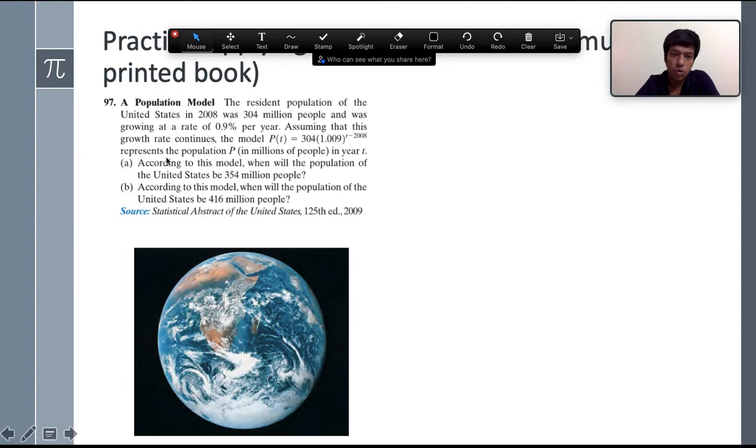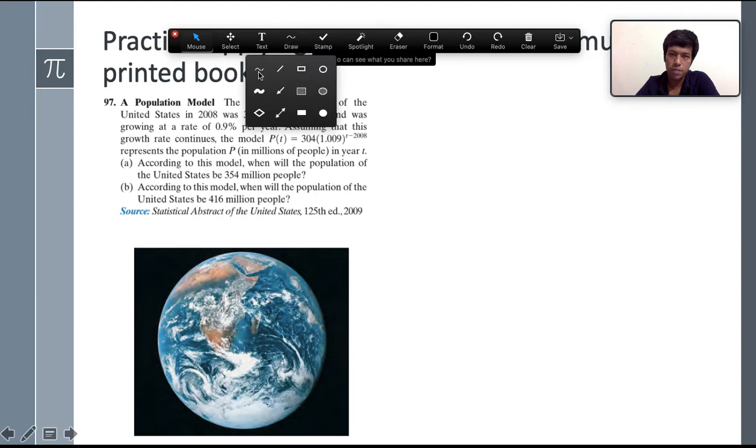Assuming that this growth rate continues, the model P(t) = 304 × 1.009^(t − 2008), because they started from 2008, represents the population P in millions of people in year t. This 1.009 came from 0.9%, because already there was 1, then plus the 0.9%.